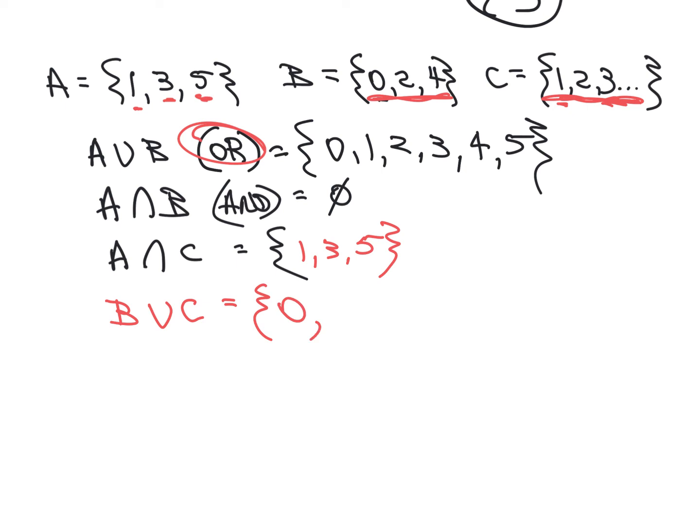C has 1, 2, 3, 4, and it goes on forever. So we covered all the numbers in B, and we covered all the numbers in C. So that would be the answer. This just shows 3 dots, just shows that it goes on forever. So that's what we're looking at there.